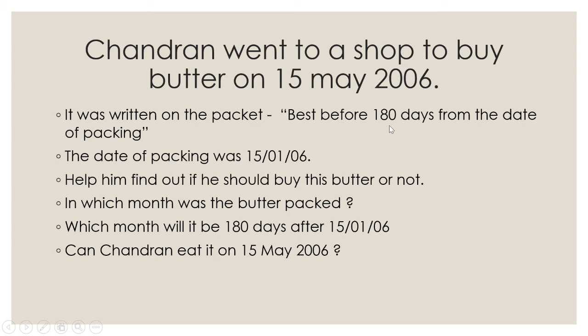Okay, see. 3 1s are 3, 3 2s are 6, 3 3s are 9, 3 4s are 12, 3 5s are 15, 3 6s are 18. So 36 are 180. It means 180 days make 6 months. So children, the butter can stay good for 6 months from the date of packing.